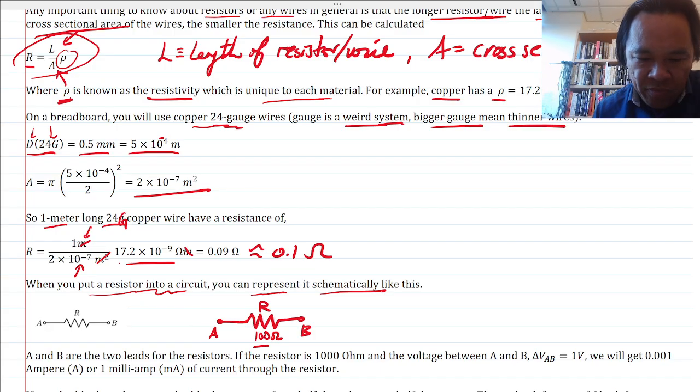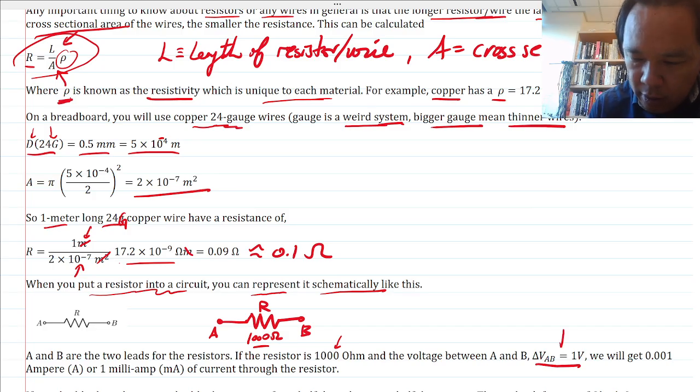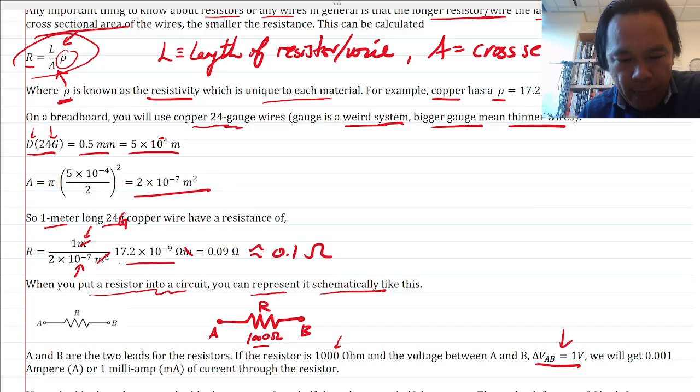Let's say in this case, let's do 1,000, because that's what I wrote here. A 1,000 ohm resistor. And the voltage between A and B is 1 volt, right? Delta V AB is 1 volt.